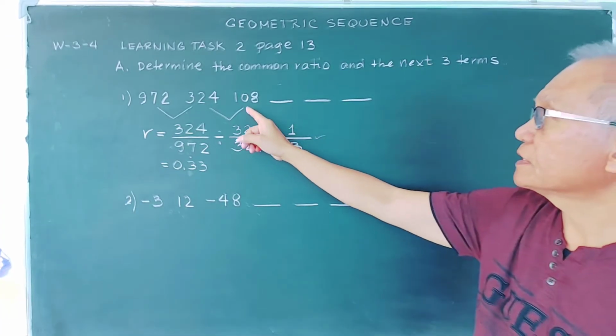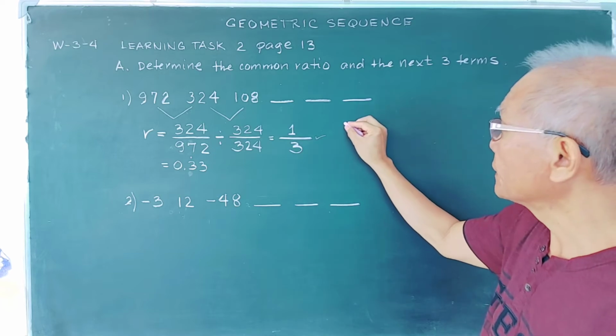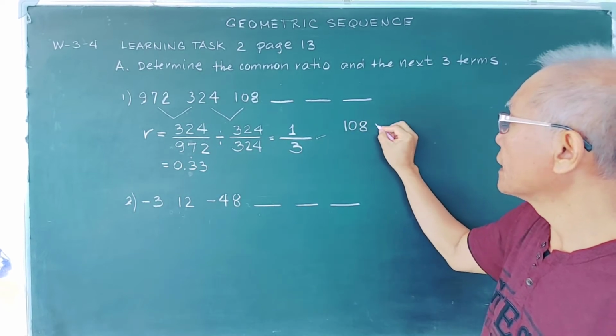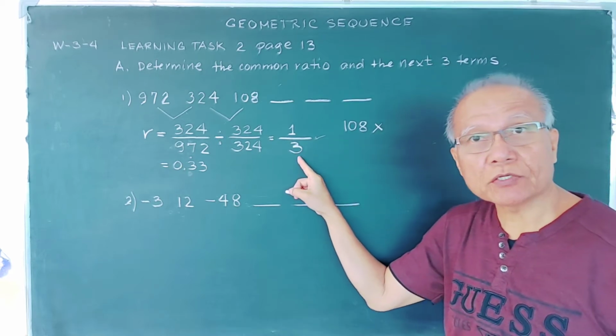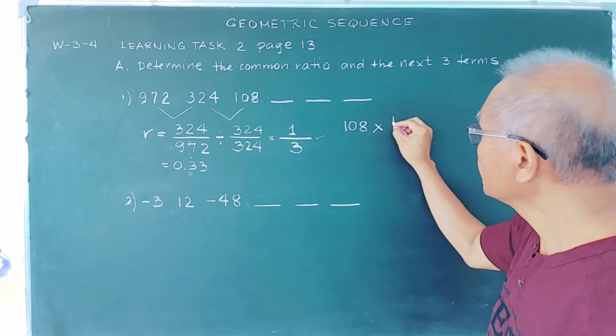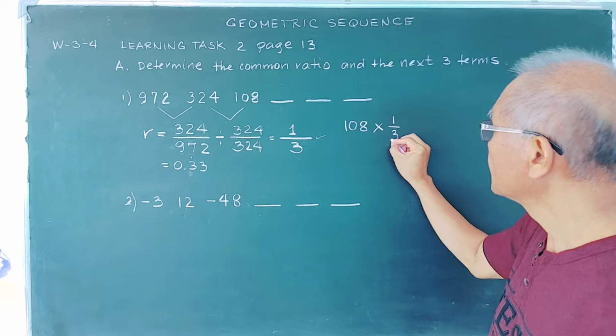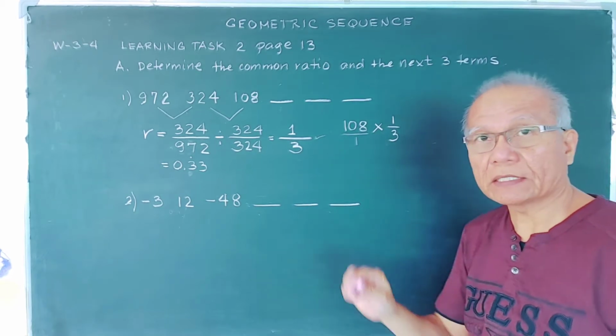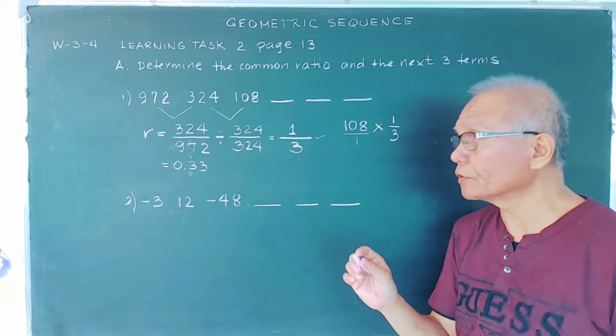Okay, simulan natin sa 108. Kasi we have 108 times itong ratio 1/3. Yung 108, lagyan natin ng 1 para alam natin 108 is the numerator.